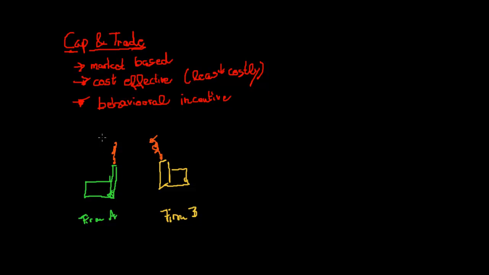And what is important is that they add to a common pool of pollution. So for example, if we talk about CO2, there's the atmosphere, and they both add to this common pool of pollution.